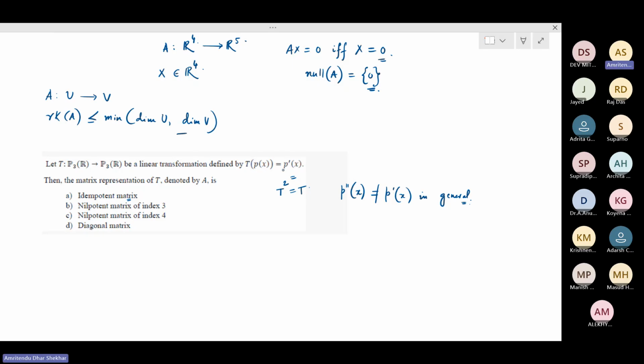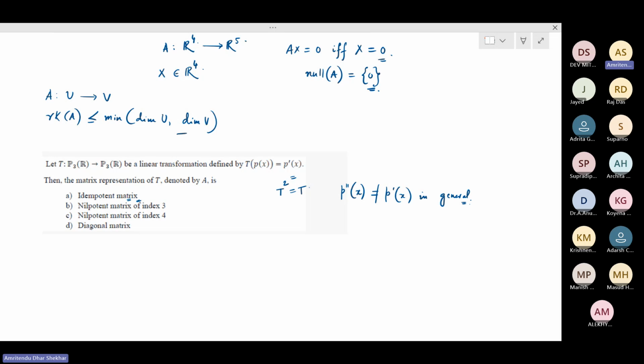So idempotence is not necessarily correct. But what we do know is that, because the polynomials have degree at most three, if you keep on taking the derivative operation, then after a certain point it's going to be equal to zero, right?